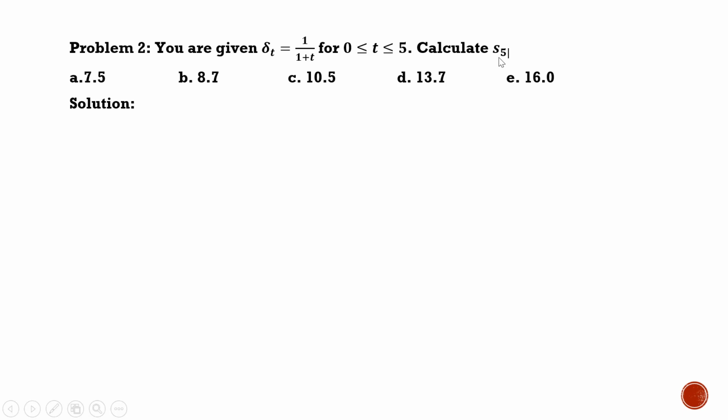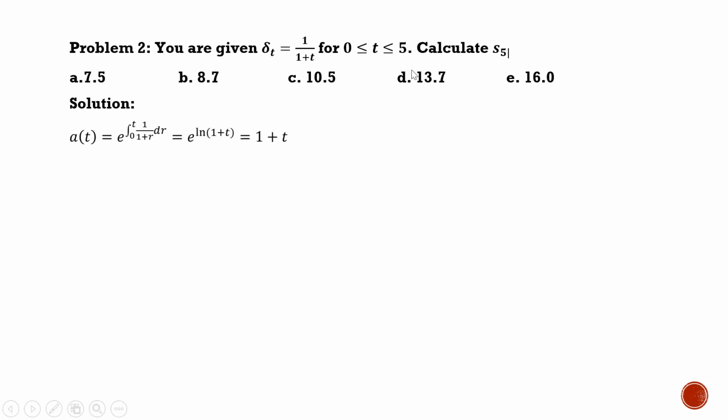So S5 is basically you have to calculate the accumulated value of 5 payments deposited at time 1, 2, 3, 4, and 5. So remember, these deposits are not made at time 0. Remember the trap about accumulated value.